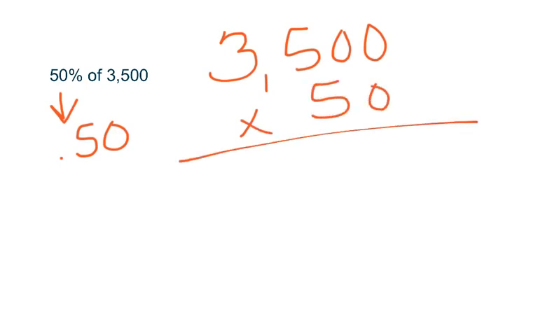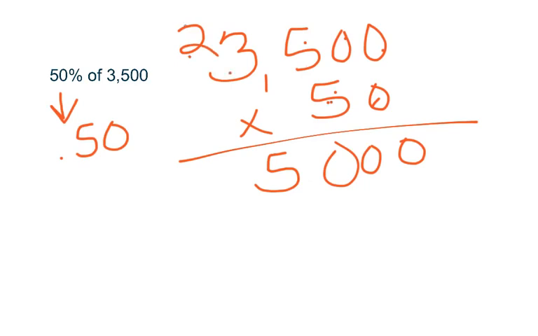Now, once again, I have a 0, bring the 0 down, and now I can just multiply 5 across and I'm done. 5 times 0 is 0. 5 times 0 is 0. 5 times 5 is 25, carry the 2. 5 times 3 is 15, plus 2 is 16, 17. Don't forget, I keep forgetting to make sure that you have 0.50.